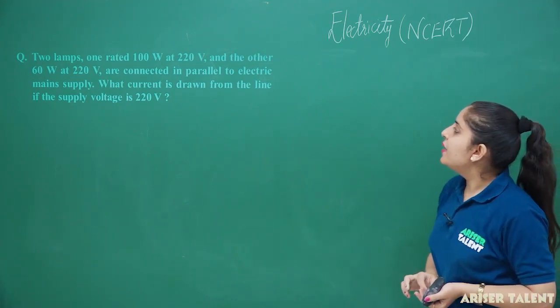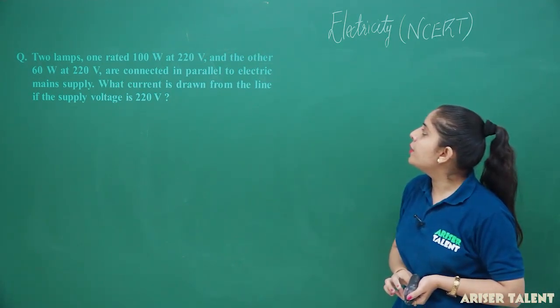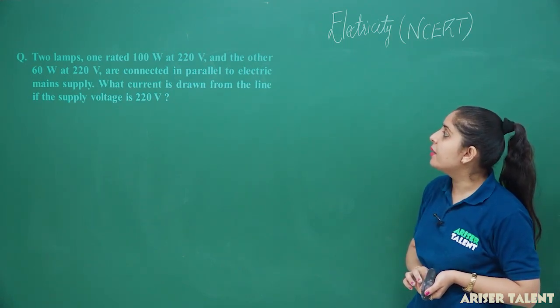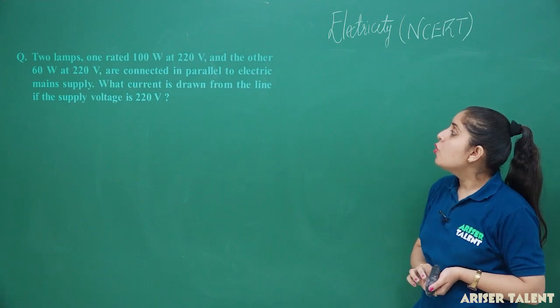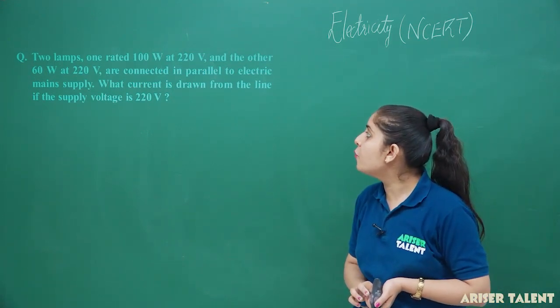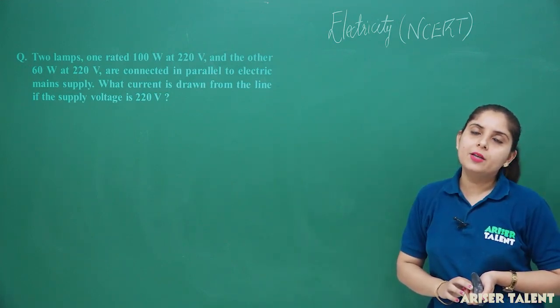Two lamps, one rated 100 watt and 220 volt and the other 60 watt and 220 volt, are connected in parallel to the main supply. What current is drawn from the line if the supply voltage is 220 volt?